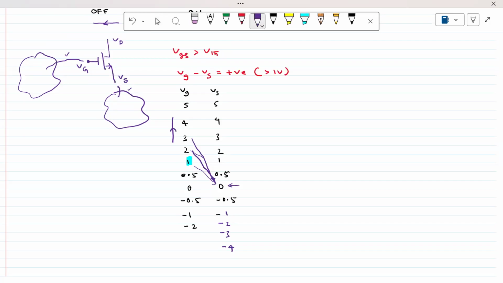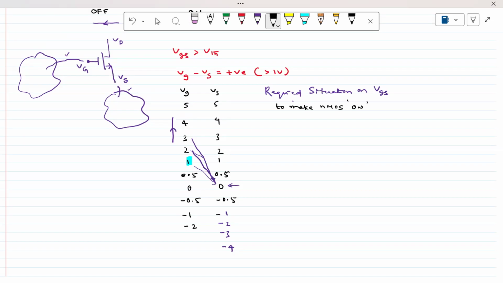So therefore, the required situation on VGS to make the transistor on, to make the NMOS on.